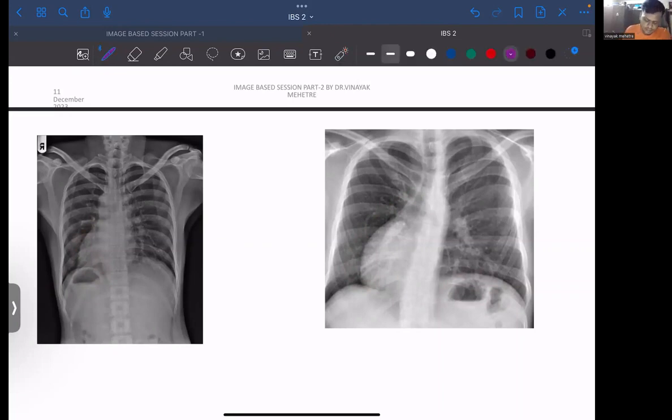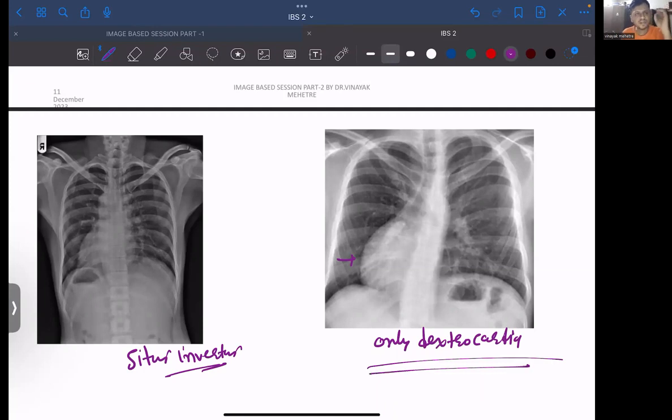That means it is the image of situs inversus. Over here, only dextrocardia. बस डेक्स्ट्रोकार्डिया है. दूसरे में डेक्स्ट्रोकार्डिया भी है and even the stomach position has changed. So it is situs inversus, changing of position. Situs means side, inversus means changed to the opposite side. ठीक है.